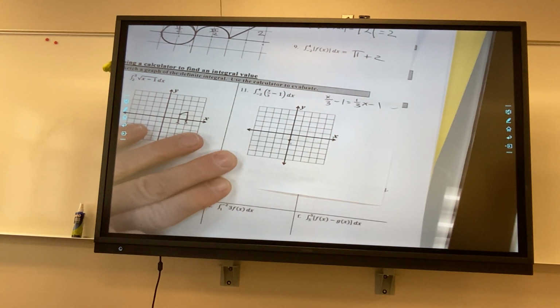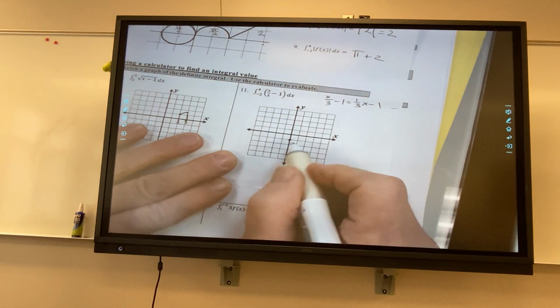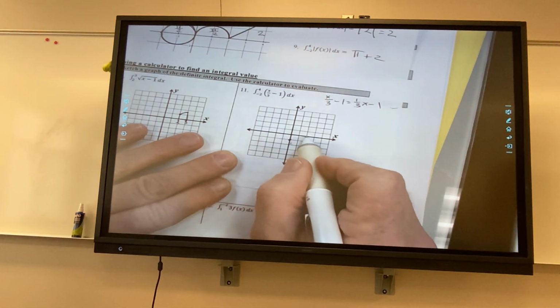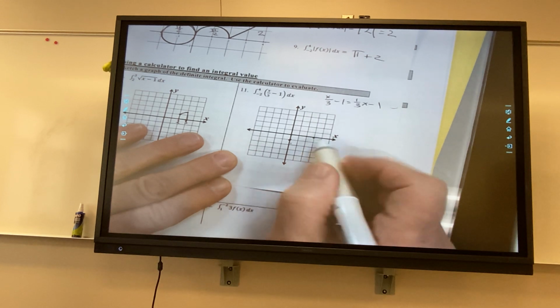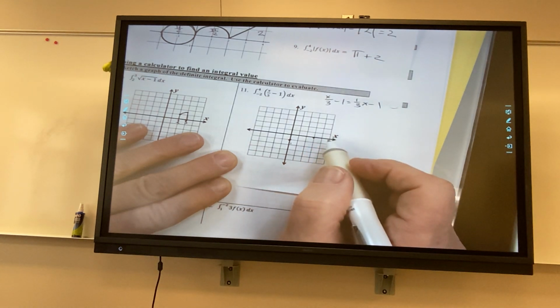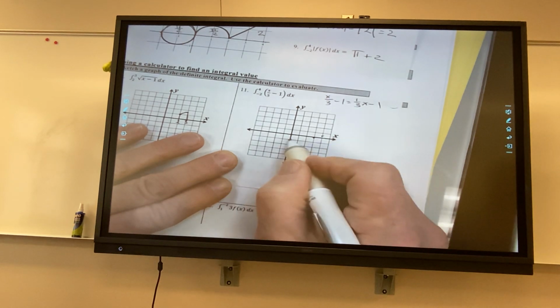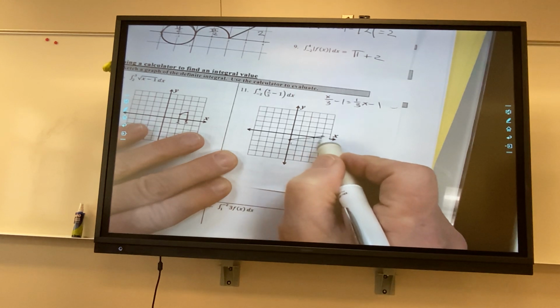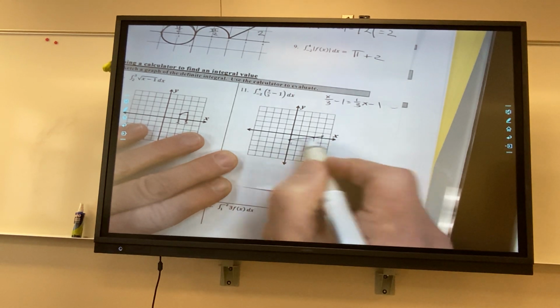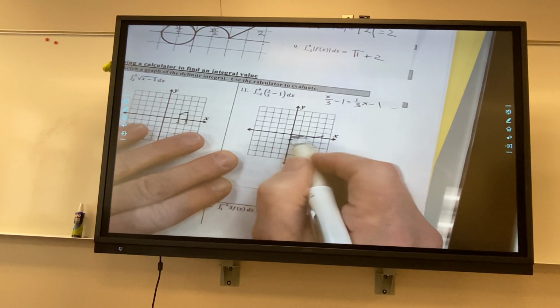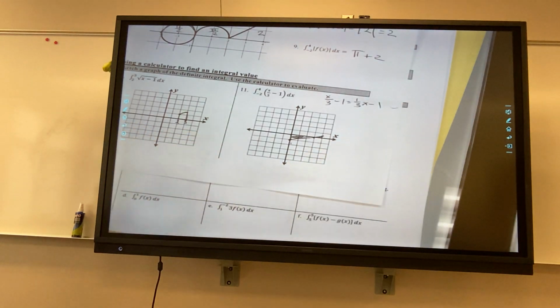So that tells me the slope is 1/3. So I go up 1 and over 3. And it wants me to go to 4. I think 4 was somewhere like here. And so that's the area you're computing.